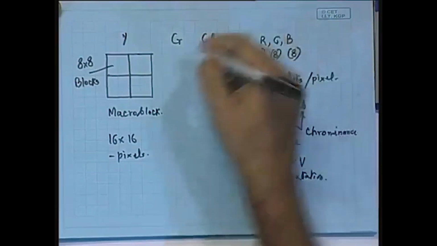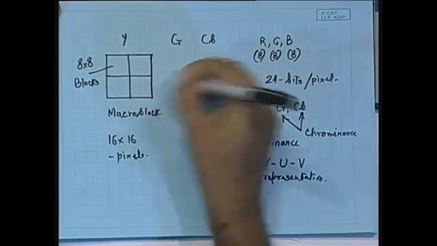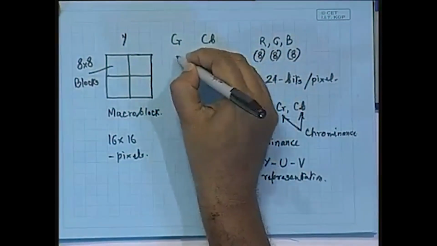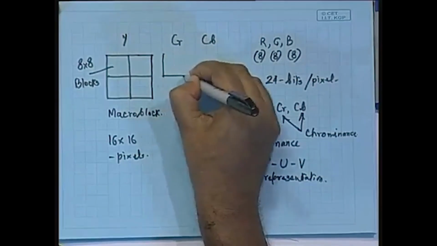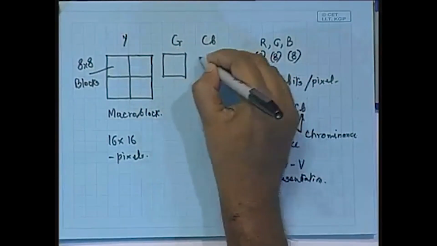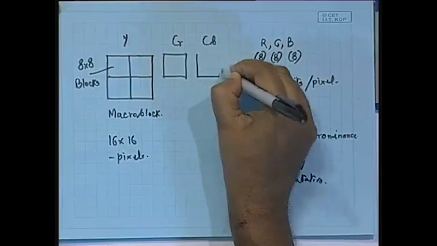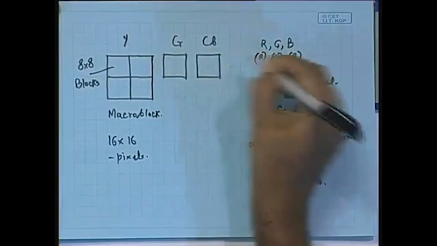So, corresponding to a 16 by 16 area in the luminance image, we can subsample the pixels by a factor of 2 in horizontal and vertical direction, and by subsampling, this 16 by 16 will be converted to an 8 by 8 chrominance red and an 8 by 8 chrominance blue component.